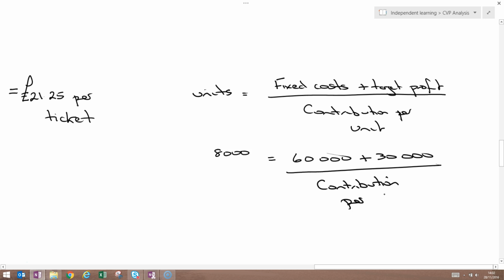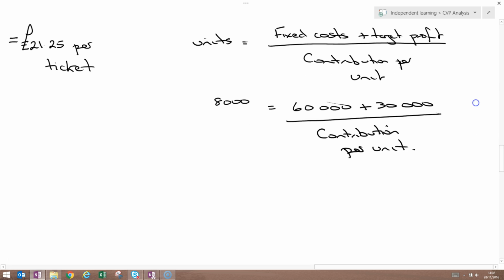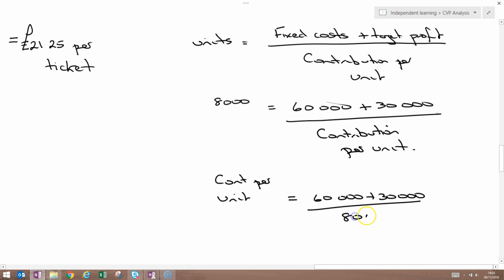We're having to change the selling price, and that's what we're trying to find out. In order to find out the selling price, we need to find out the contribution per unit. So if we now rearrange this, contribution per unit is equal to 60,000 plus 30,000 divided by 8,000.